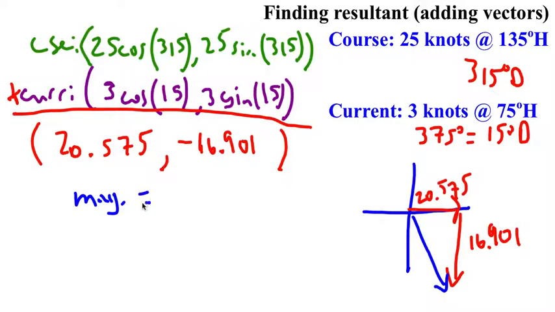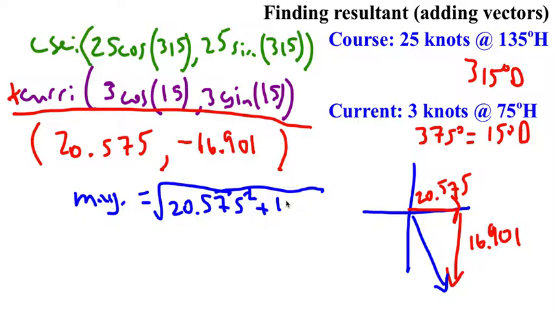So the magnitude would equal the square root of 20.575 squared plus 16.901 squared. Please bear in mind treating these as positive makes life a lot easier, with less room for error depending on what sort of calculator you're using.